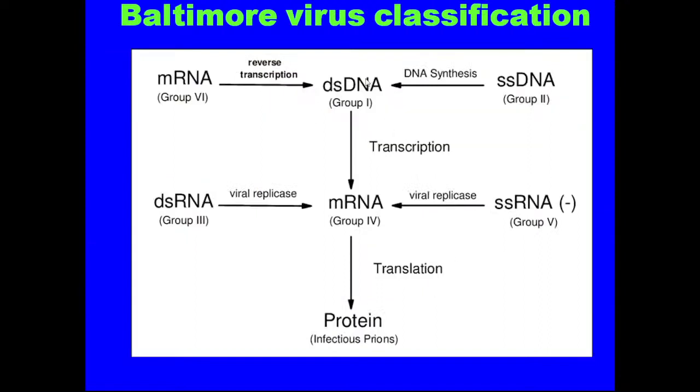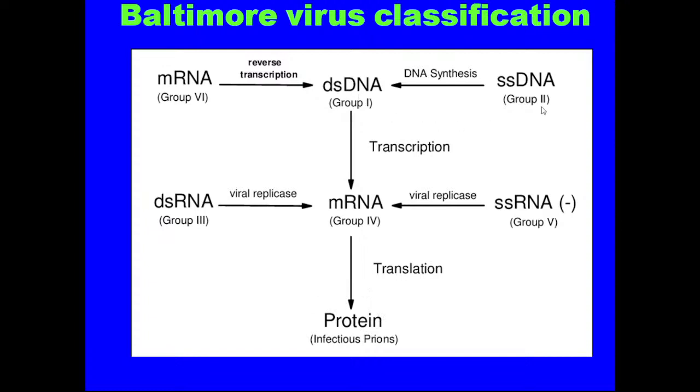Group 1, right? That is double-stranded DNA. The strategy is very close to the eukaryotic organisms, right? Because if we have double-stranded DNA, regularly the minus sense will be transcribed into mRNA, and then this mRNA will be sent for translation to produce the infectious proteins, right?